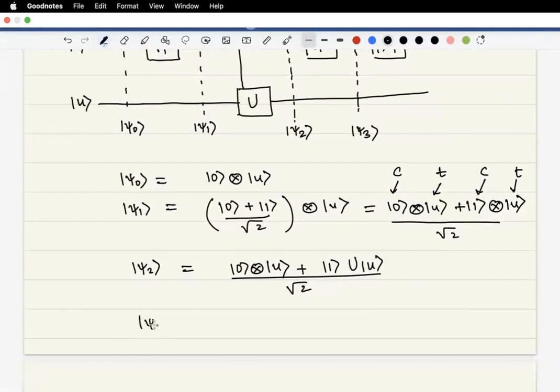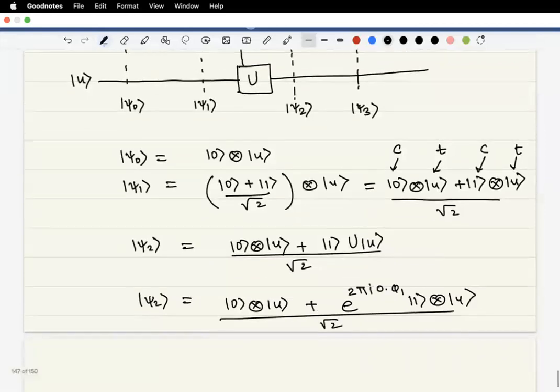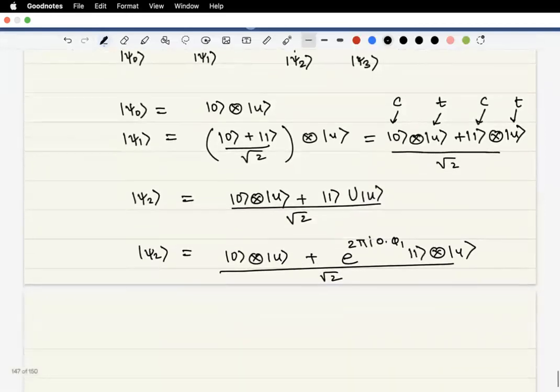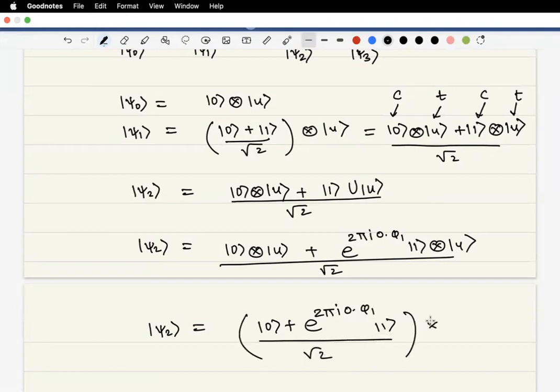So this psi 2 will be equal to ket 0 tensor u plus e to the 2 pi i 0.phi1 ket 1 tensor u over square root of 2. Right. And I can take the u out in common. Psi 2 will be equal to 0 plus e to the 2 pi i 0.phi1 ket 1 over square root of 2 tensor u.